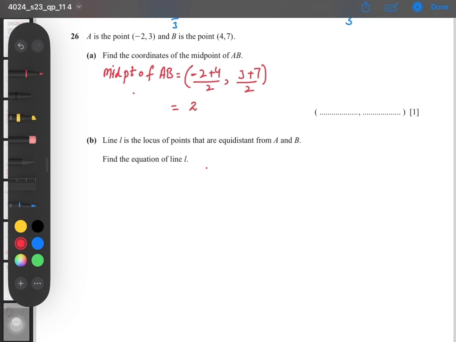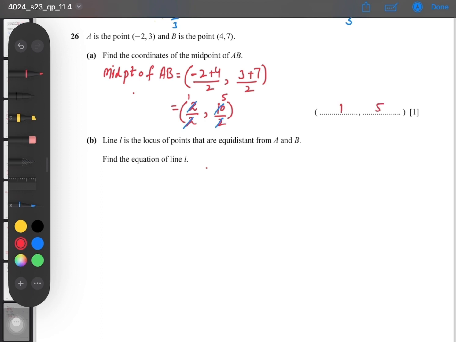So if I add -2 plus 4, answer is 2 over 2 and 3 plus 7, answer is 10 over 2. So I will simplify it. So answer is 1 and 5.